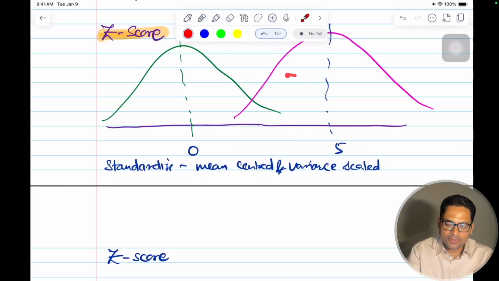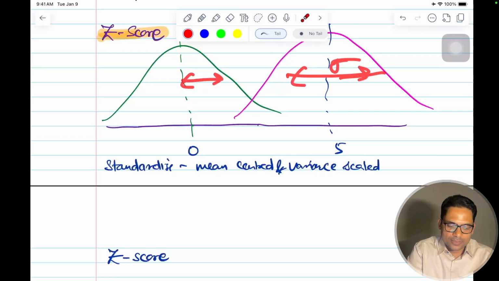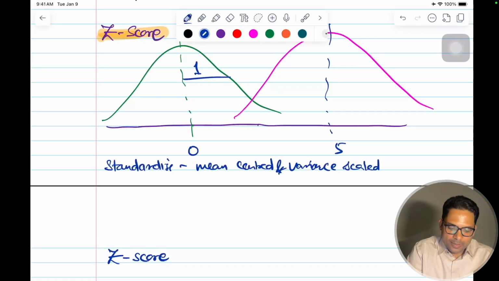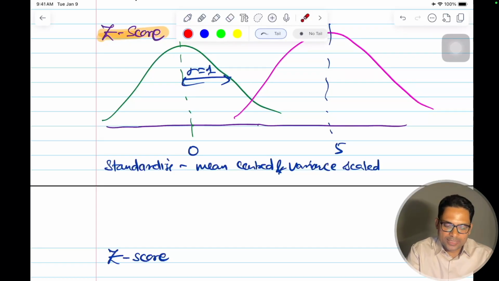And variance scaled: whatever the variance is, if I divide by it, here the variance is 1, the sigma is equal to 1. Say for example this one is thicker, and its sigma is equal to 2.